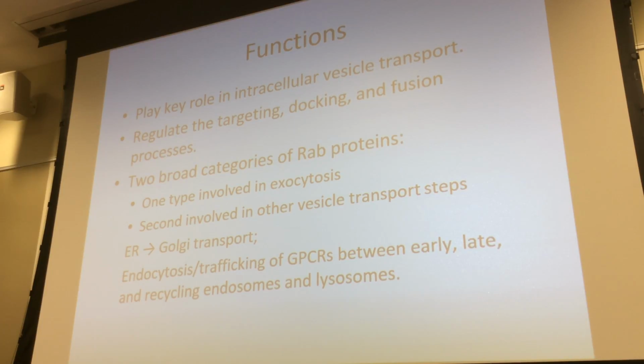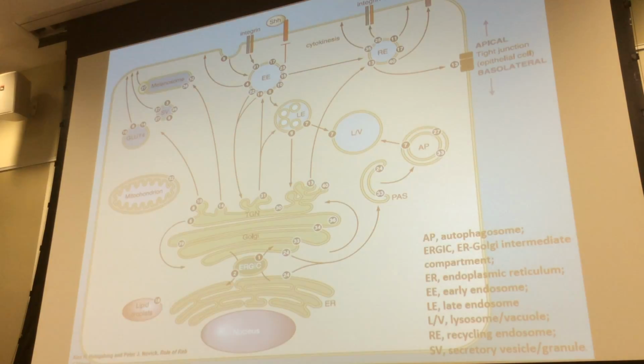All of your neurotransmitters are perhaps going to have some Rab proteins that get involved in that. And the second one is vesicle transport anywhere. So we can start out with endoplasmic reticulum going to Golgi, trafficking from the Golgi to the plasma membrane or any other organelle, and trafficking to return from a plasma membrane and endocytosis.